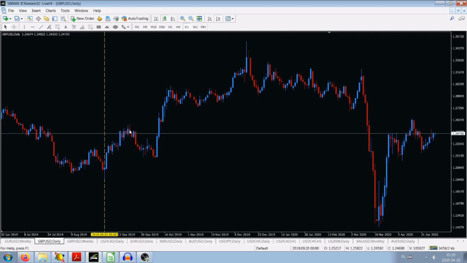So 13 we got here. I make a line, so it's 13 days. Next one is 21 days, so it's 14, 15, 16, 17, 18, 19, 20, 21. That's the next one, 21. We are somewhere at the local bottom. Next one is 31.